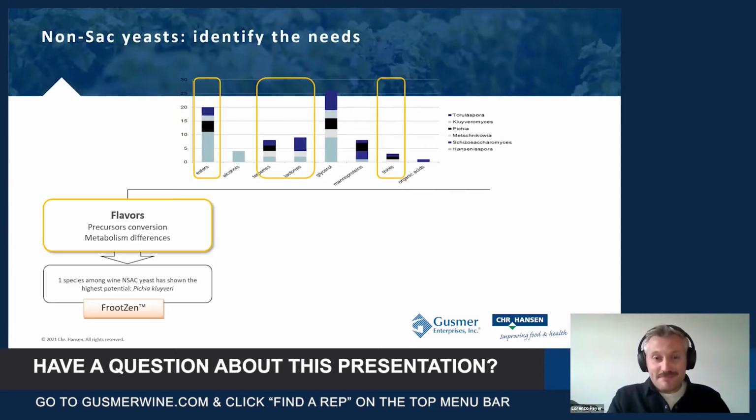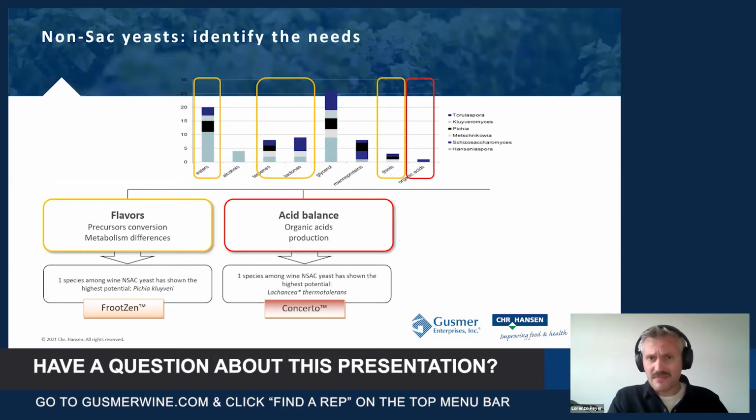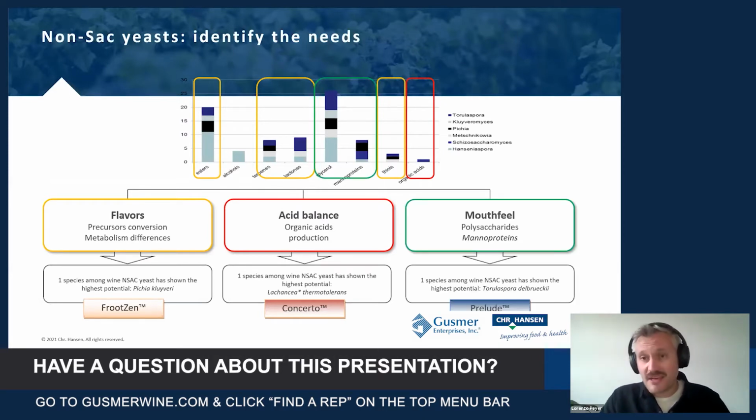So they identified that there is much more to play with than Saccharomyces, and they identified needs that the winemakers were asking for, and they found the answers by selecting and screening for specific non-Saccharomyces.